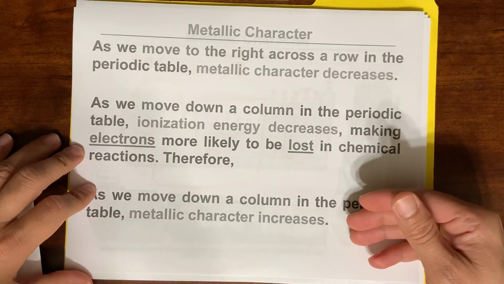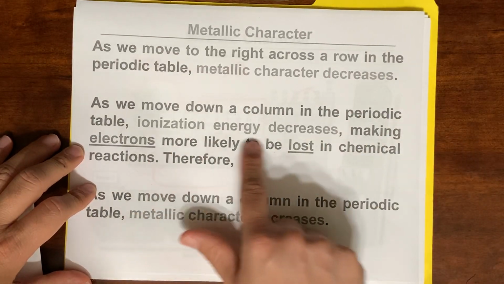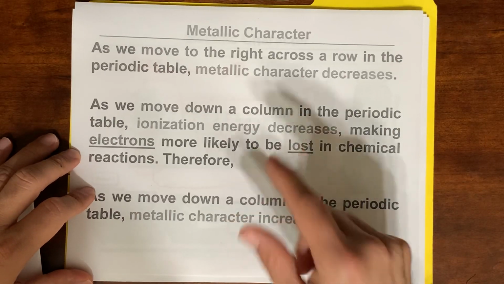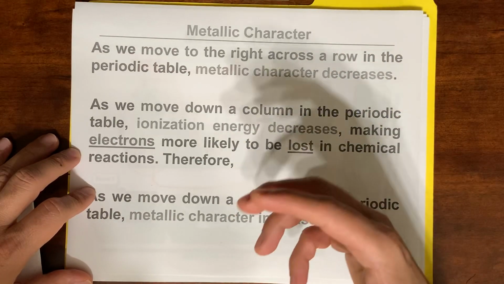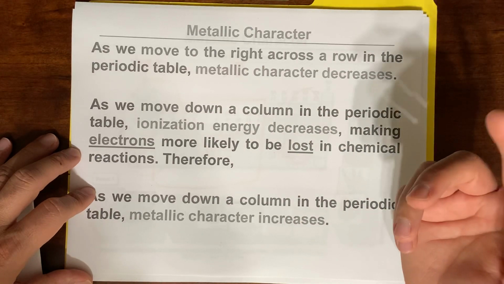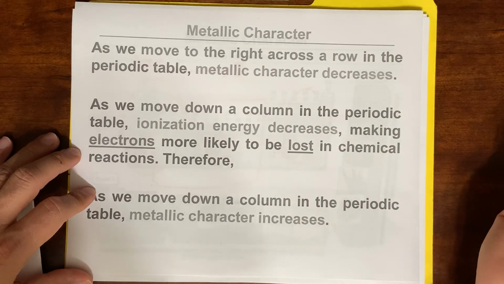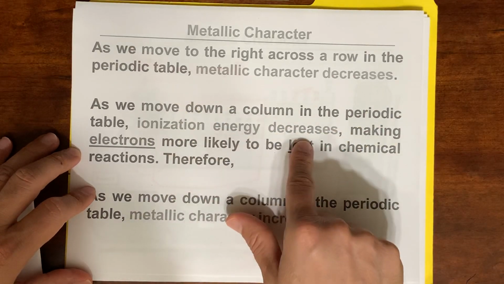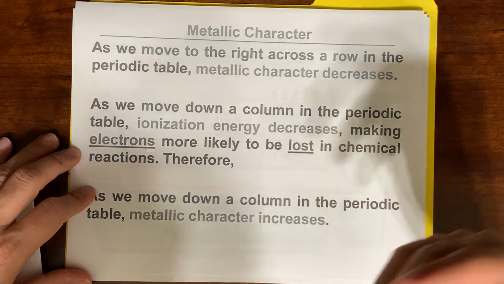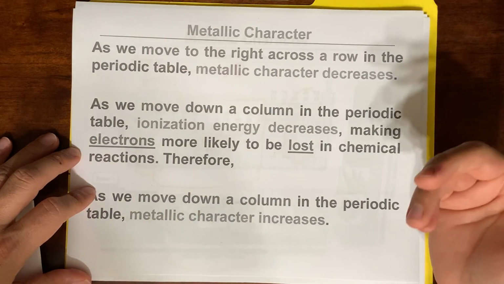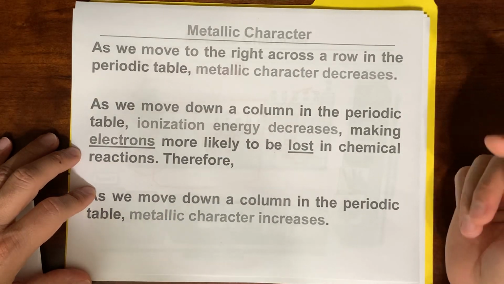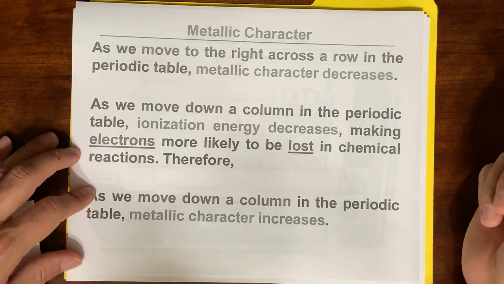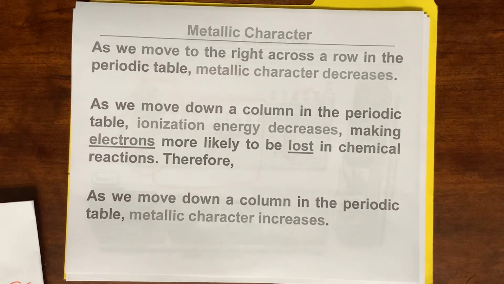Because when we move down in one group, ionization energy goes down. The last electron is way far from the nucleus. You don't need to spend too much energy to take it. With a small amount of energy, you can take it. So ionization energy will be less. Because it's less, that element behaves like a metal, is capable of losing an electron, is capable of forming a cation. So the metallic character will be higher.